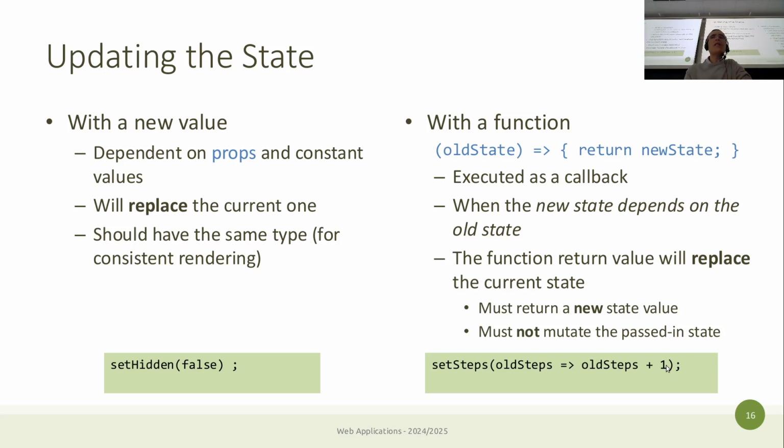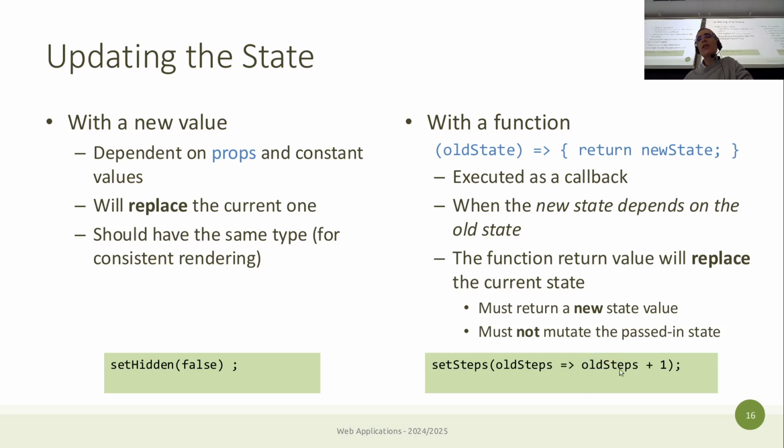But let's analyze this example. This is the parameter, the only parameter of the arrow function, because we only take the state as a single parameter of this function that is to be passed to the set of the state. And you remember with this arrow function syntax, this is the return value.